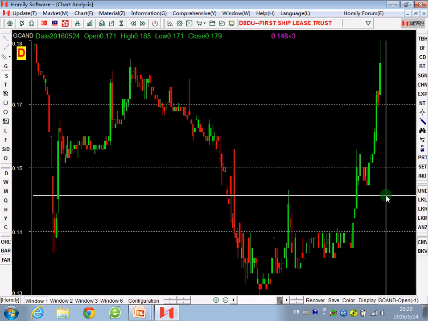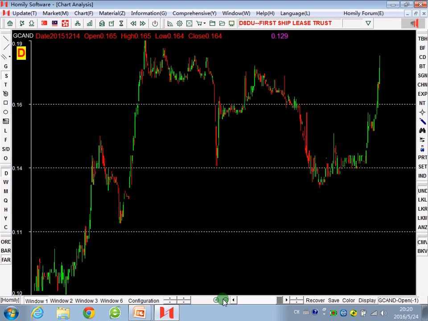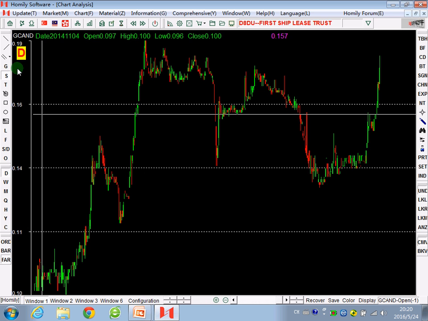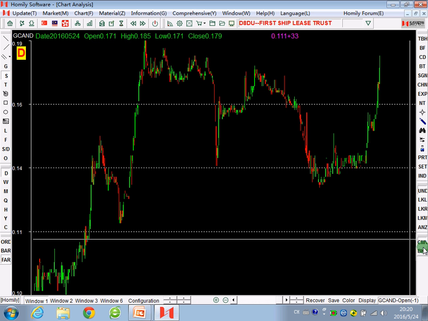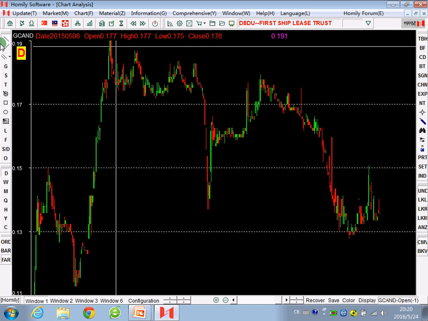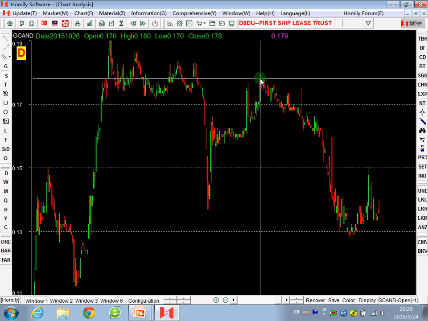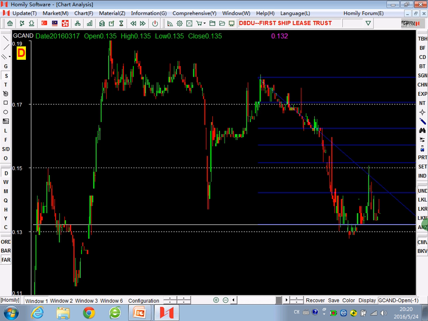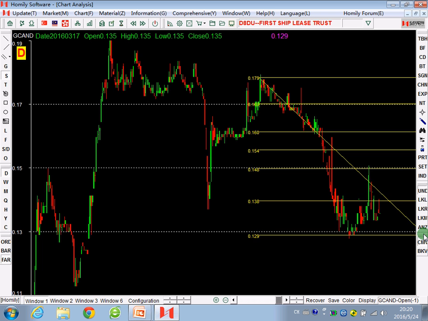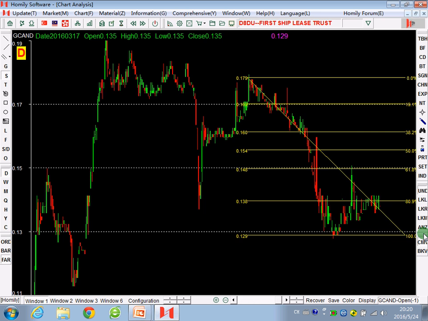This stock is strong, right? For short term. Okay, so we can see this part. Then we don't know here. Then I can click the drawing tool, go over to the golden section. This is the high point, right? This is the low point. So I can confirm where the next buy point and next sell point are.